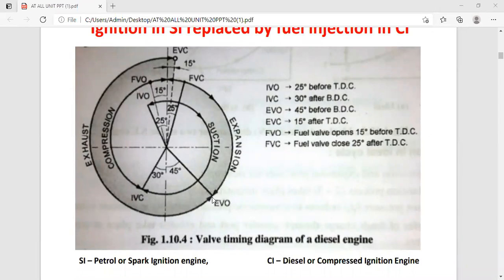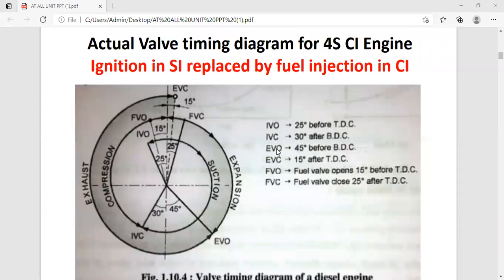After the exhaust valve opens, the exhaust stroke will start and it closes 15 degrees after TDC. So this is the diagrammatic representation, and you can see the valve timing diagram, opening and closing, for the diesel engine. So are you getting the actual valve timing diagram for the 4-stroke CI engine?